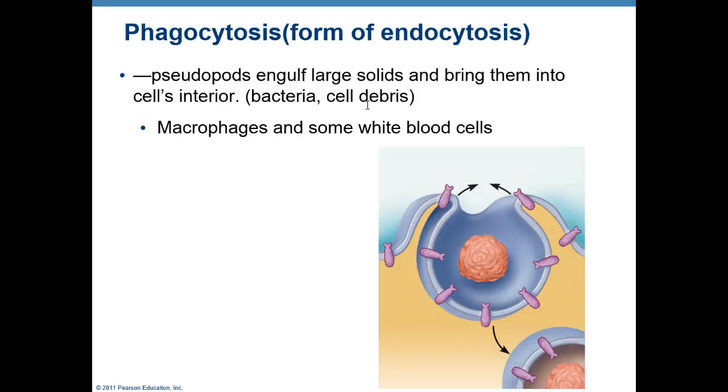So really big things that are sort of indiscriminately brought into the cell are brought in through phagocytosis, which phago means eating, and cytosis just refers to the cell, so this is cell eating. Any cell that is capable of performing phagocytosis is called a phagocyte, and then what you have here, macrophages, are just one example of a specific kind of phagocyte.